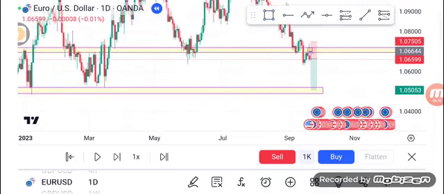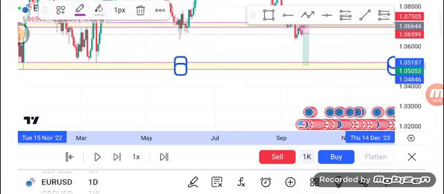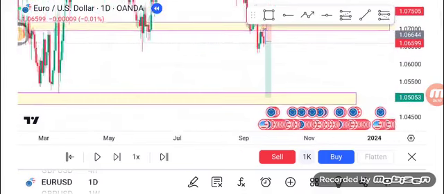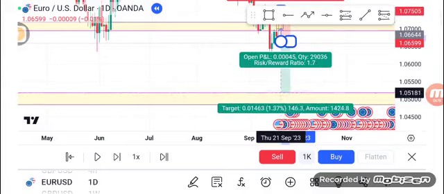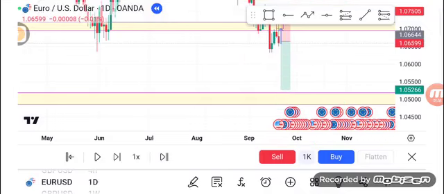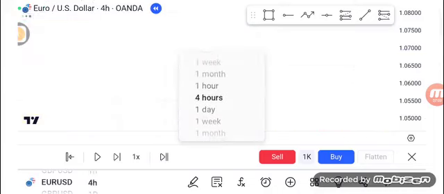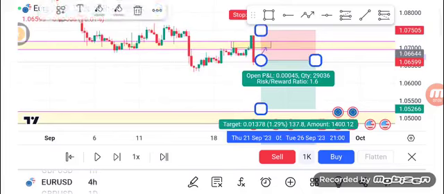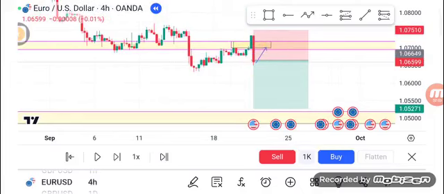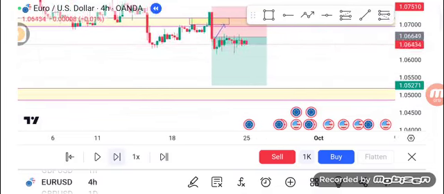Whatever strategy you're trading, whatever time frame, you can use this particular model. You can use it on 4 hours and take your entry on 1 hour. You can use it on 1 hour and take your entry on 30 minutes or 15 minutes, depending. So that's how I take my trade. I take it from the close of that candle, targeting the next zone.